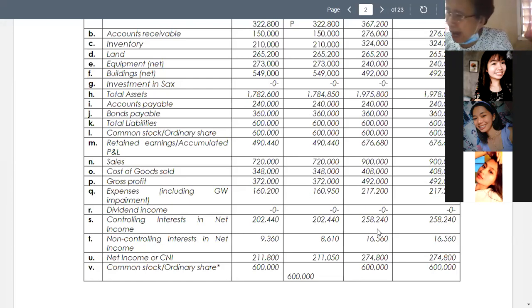For expenses, 84 plus 66. Then we are adding 3. That makes 153. We are adding 7,200.